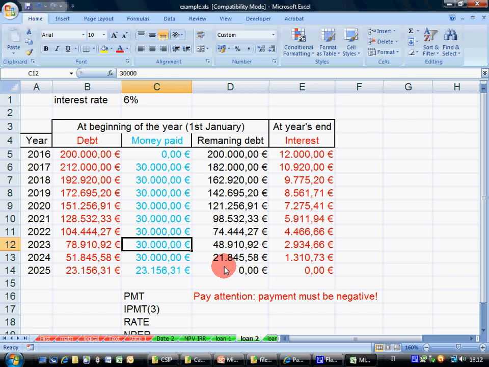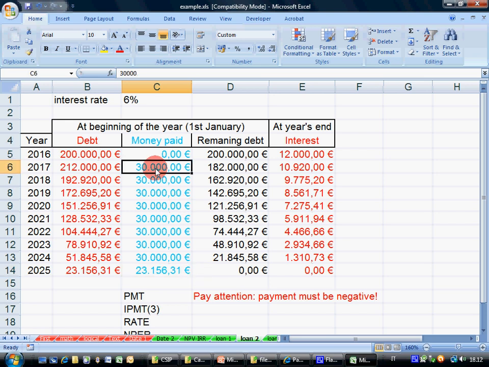Okay. However, for a mysterious reason, banks and people don't like the fact that they pay a constant amount of money and on the last year they don't pay the same amount of money. It's a psychological reason probably, but people and banks don't like it. They prefer that you pay the same amount of money every year. So what can we do?